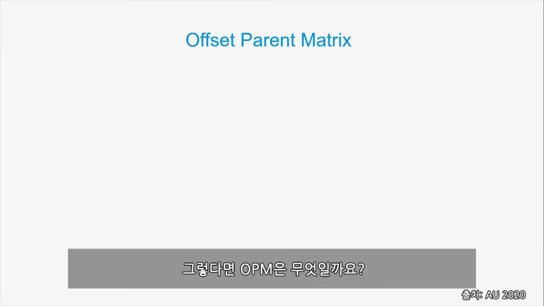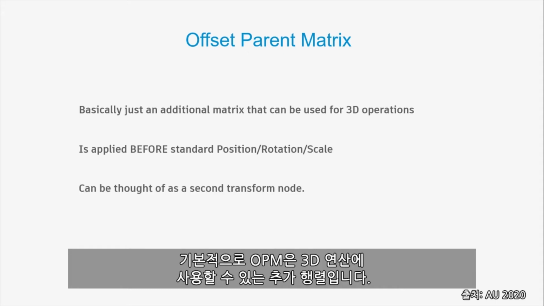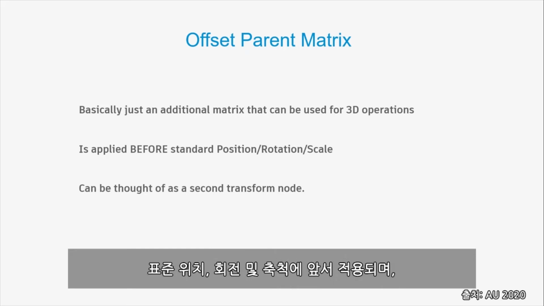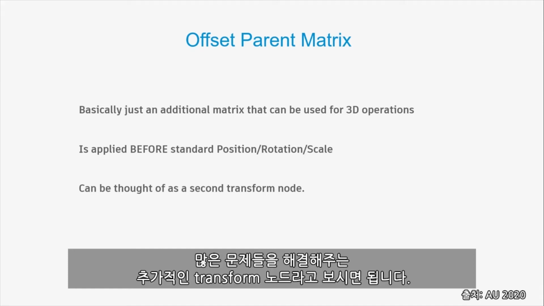So what is an offset parent matrix? Well, basically, it's just an additional matrix that can be used for 3D operations. It is applied before standard position, rotation, and scale. And intellectually, you can think of it as just a second transform node that solves a lot of problems.